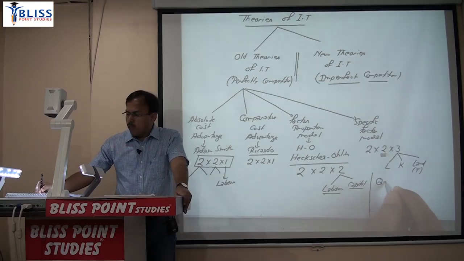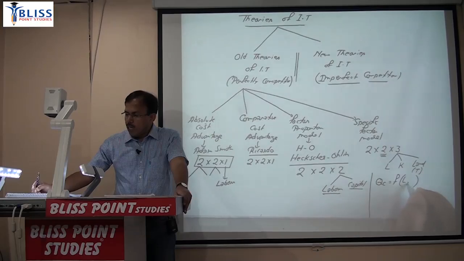So the quantity of cloth will be a function of labor and capital, and suppose the quantity of food is a function of labor and land.